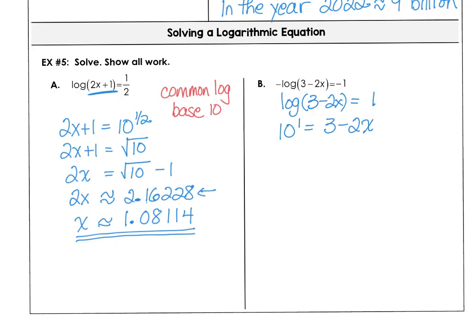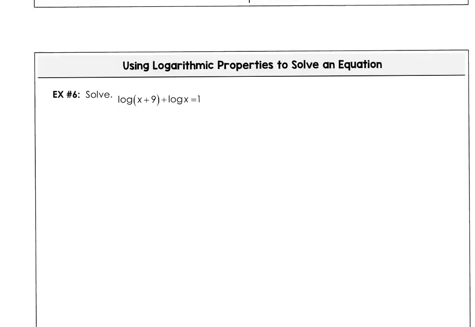So 7 is equal to -2x. And divide both sides by -2, we get -3.5. Or you can write that as a decimal, either one, whichever you prefer. And again, I would recommend going back and checking that your answer works in the original equation.